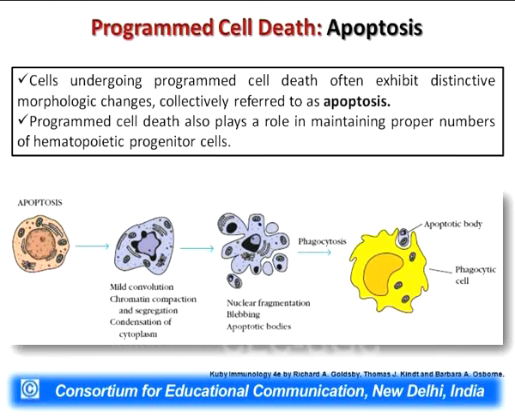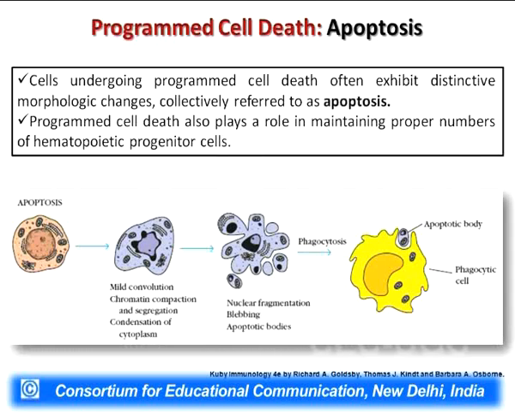Some morphological or structural changes start occurring in the cell. For example, the chromatin or DNA starts clumping up or getting compact. The second major thing is that the cytoskeleton or the surface of the cell becomes distorted, and all these phenomena make the cell non-viable, so it is not living the proper way it has to.